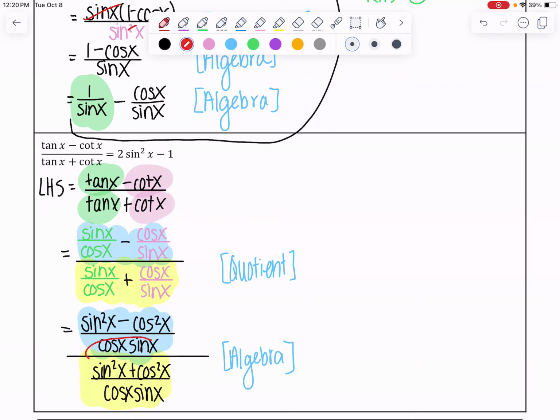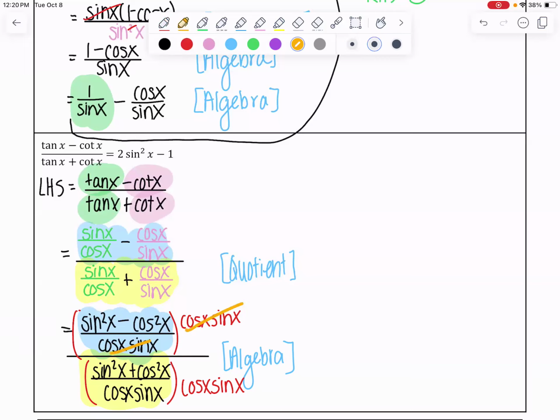I see now that both of them have denominators of cosine x sine x, and so I'm going to multiply the numerator and denominator of the big fraction by cosine x sine x, which you might remember as my intuition initially. This will have the same effect. So that cancels this denominator.